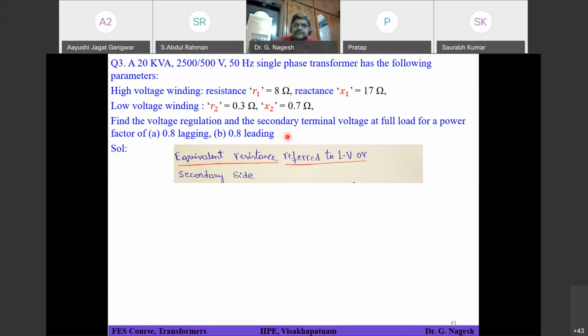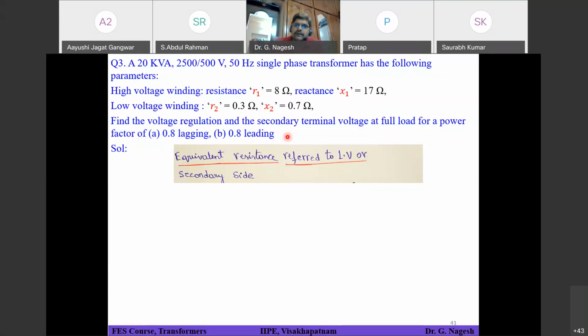They're asking us to find out the voltage regulation first, and the secondary terminal voltage. That means they're asking us percentage voltage regulation and V2 also for two conditions: 0.8 lagging and 0.8 leading. Okay, so first of all, you transfer all the parameters onto the secondary side.